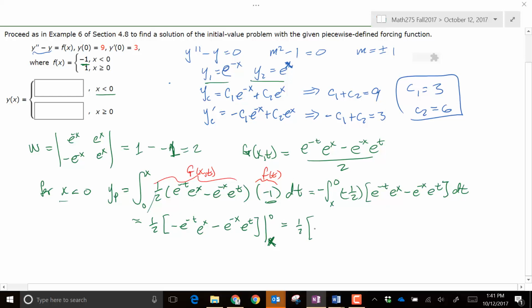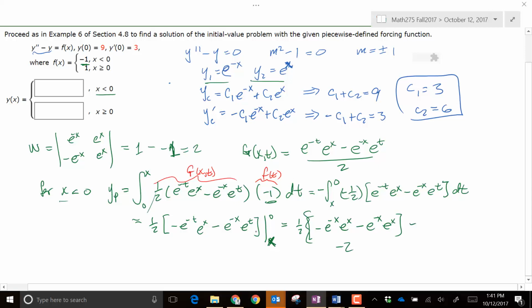So let's put x: negative e to the negative x e to the x minus e to the negative x e to the x. That's just negative 2.